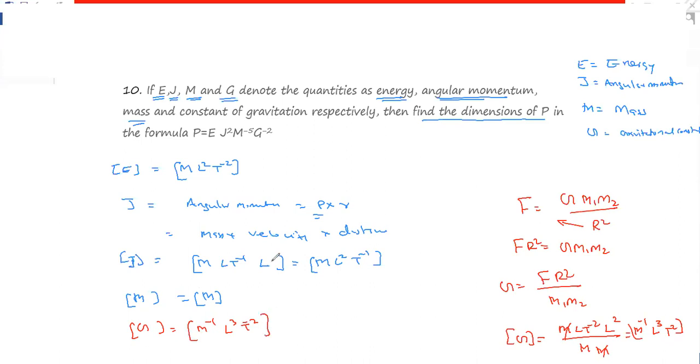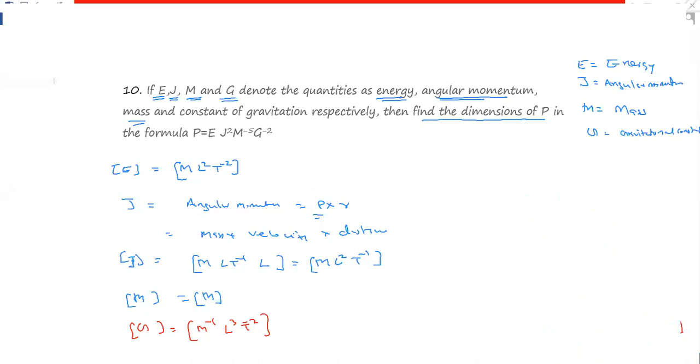Okay. Now we can apply these dimensions here. On the left side, we can find P, right? Dimension of P. So what is the dimension of P? Dimension of P equal to E into J square into M raised to minus 5 into G raised to minus 2. E means M L square T raised to minus 2. What is J?